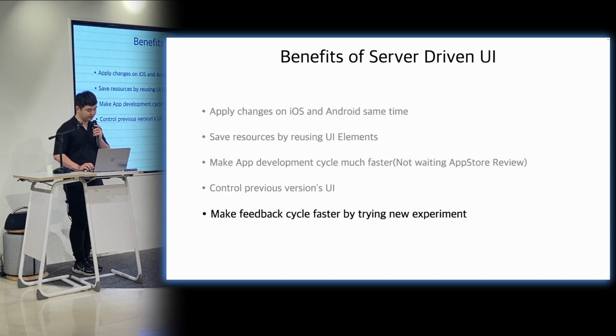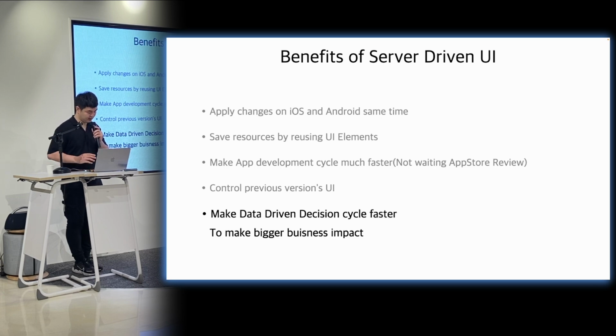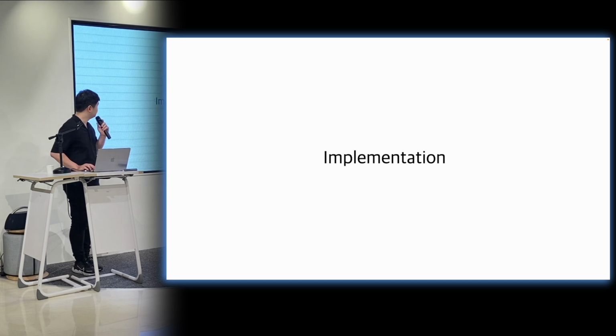So in short, using server-driven UI makes the feedback cycle faster by trying new experiments. In other words, it makes the data-driven decision cycle much faster to make a bigger business impact.